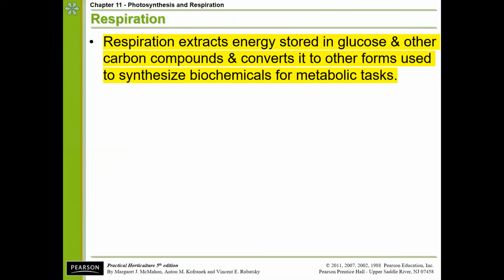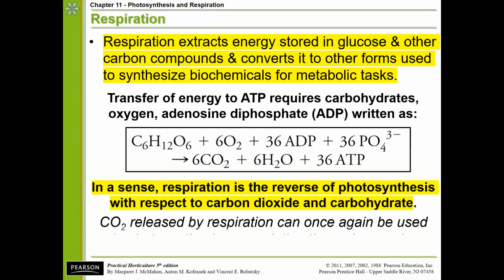Let's move on to respiration now. It's a little bit different than photosynthesis, but they have to work in conjunction with each other in order to get plant growth. Respiration extracts the energy that is stored in the plant sugars like glucose and other carbohydrates, and then converts it to other forms used to synthesize the biochemicals responsible for producing other tissues, other products for the plant, other metabolites, other chemicals.